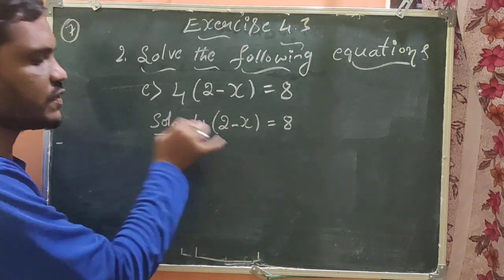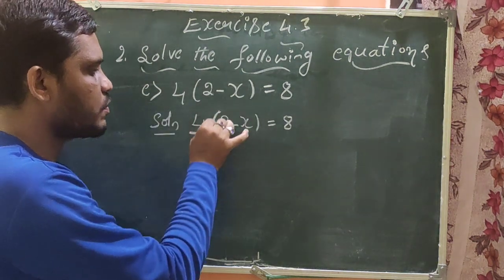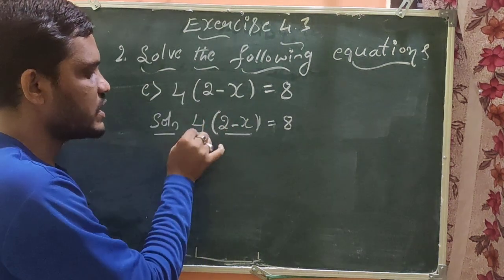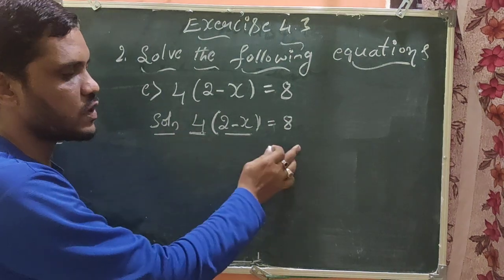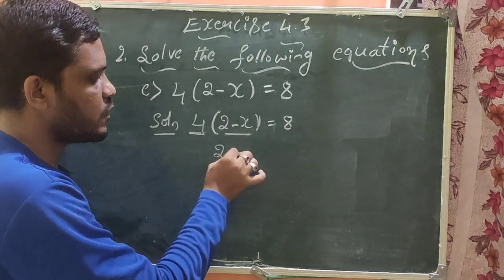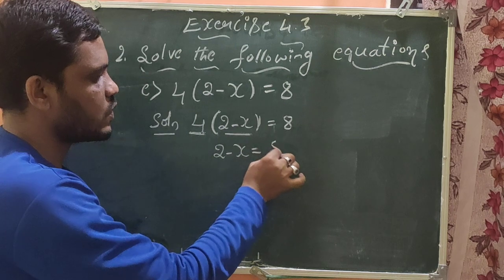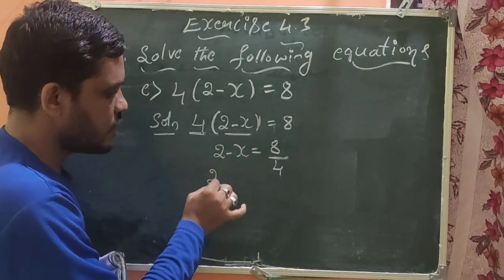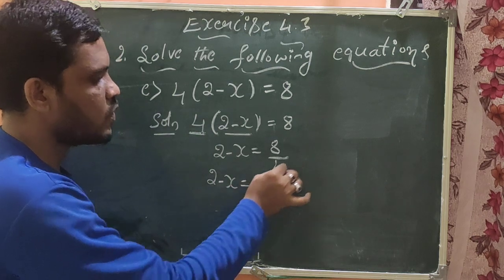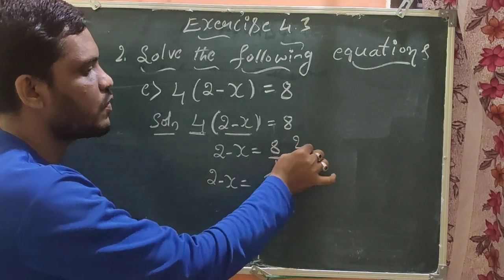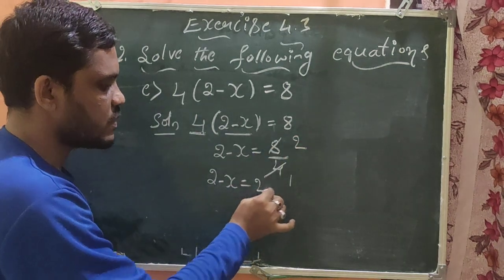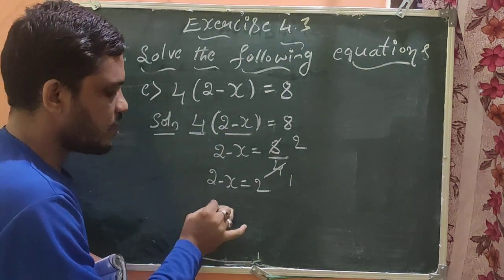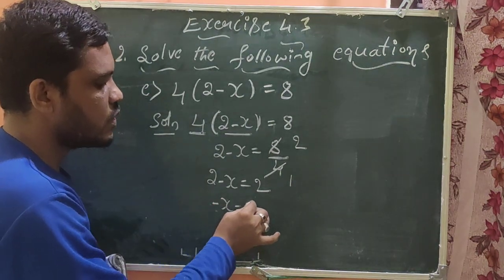4 times of 2 minus x is equal to 8. Then first we have to shift this 4 because of multiplication between this term and this term. This 4 goes to the denominator. Therefore, 2 minus x is equal to 8 by 4. Then 2 minus x is equal to, 4 twos are 8, that becomes 2. So 2 minus x is equal to 2.